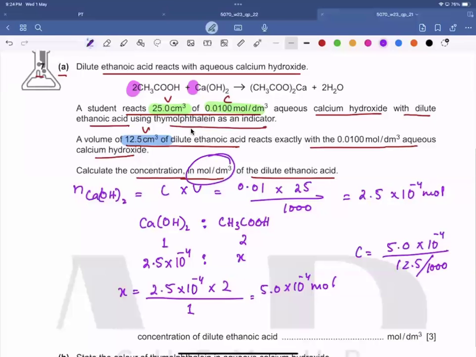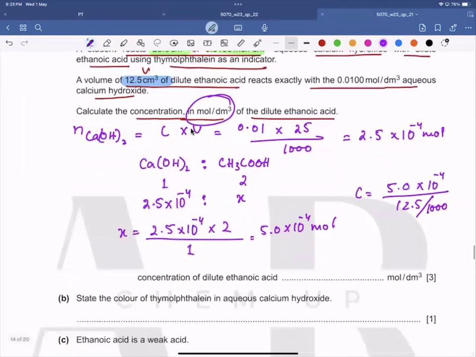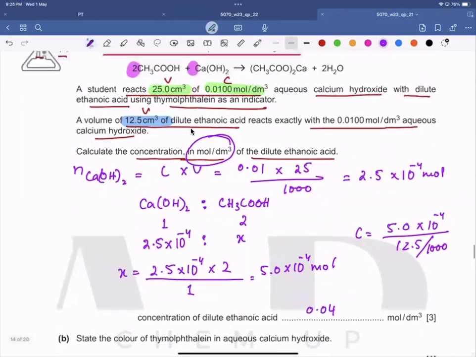Can anyone calculate it and tell me the answer, please? Yes, can anyone calculate it and tell me the answer? Okay. So it's 0.04 mol/dm³.